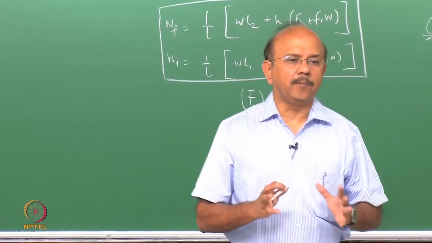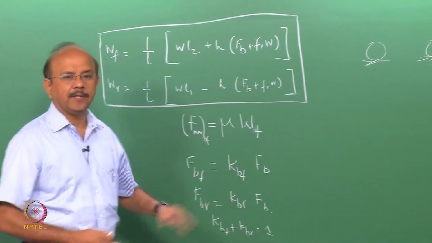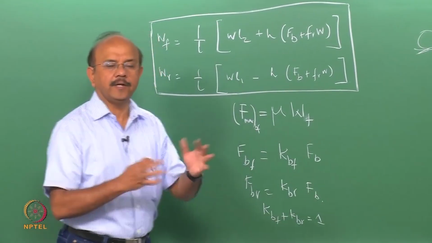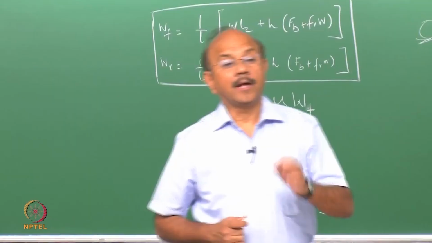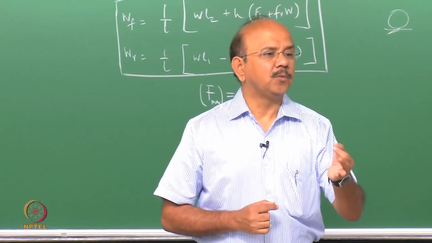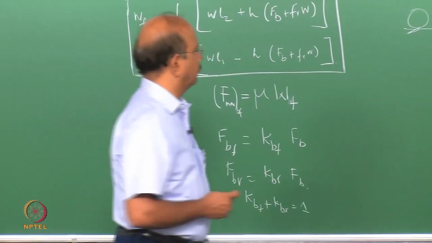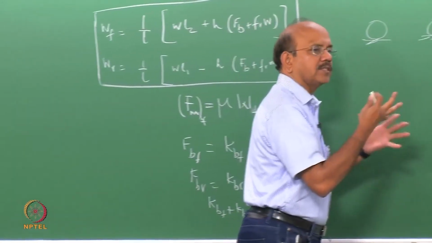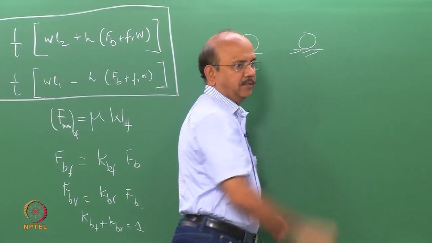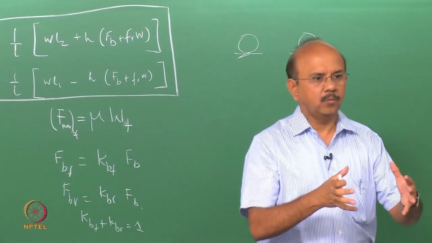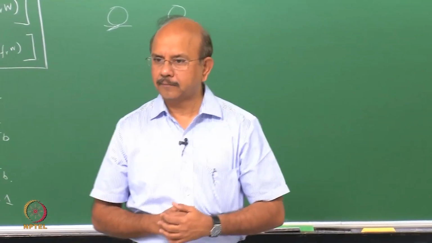So assume for a moment that KBF and KBR are randomly distributed, we do not know, just one value. What would happen? One of the wheels will lock first, the front or the rear wheel. The front wheel locks, which means it starts skidding, when you give more braking force to the front.